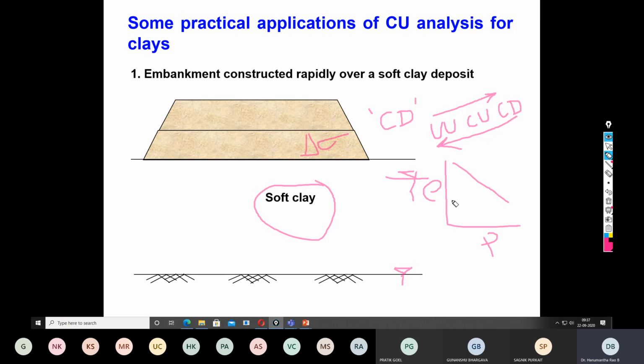Plastic deformation means irrecoverable.